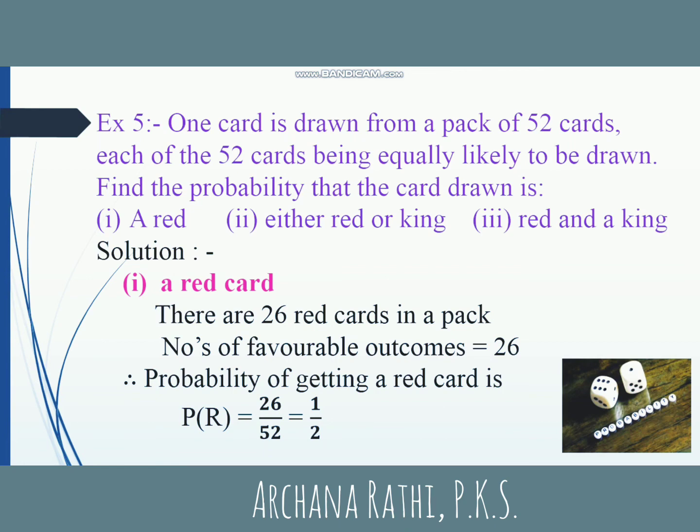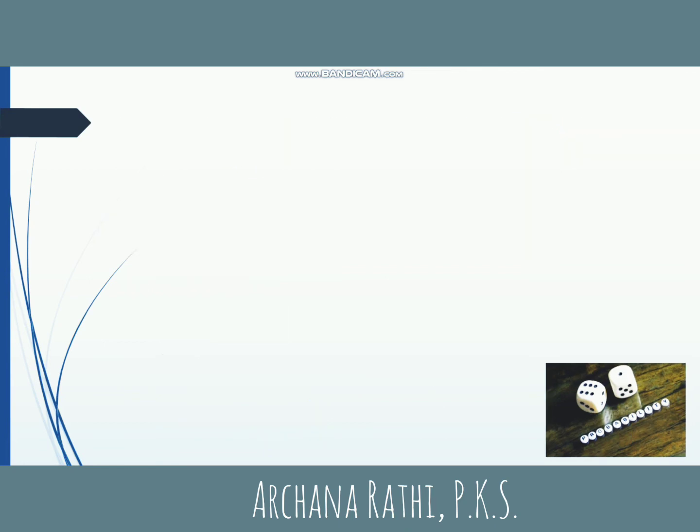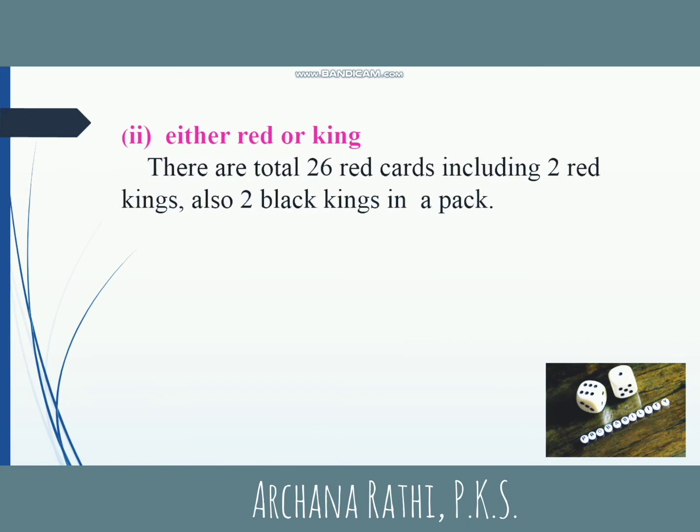Now let's move to the second condition, that is either a red or king. Now for the card drawn, there are a total of 26 red cards including 2 red kings and also 2 black kings in a pack. Means if you are drawing, either the 26 red cards are the probable outcomes, and another 2 kings remain, that is 2 black kings.